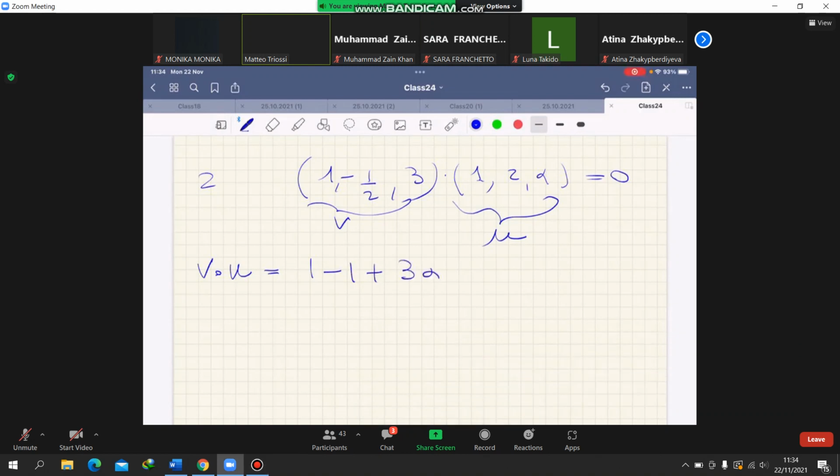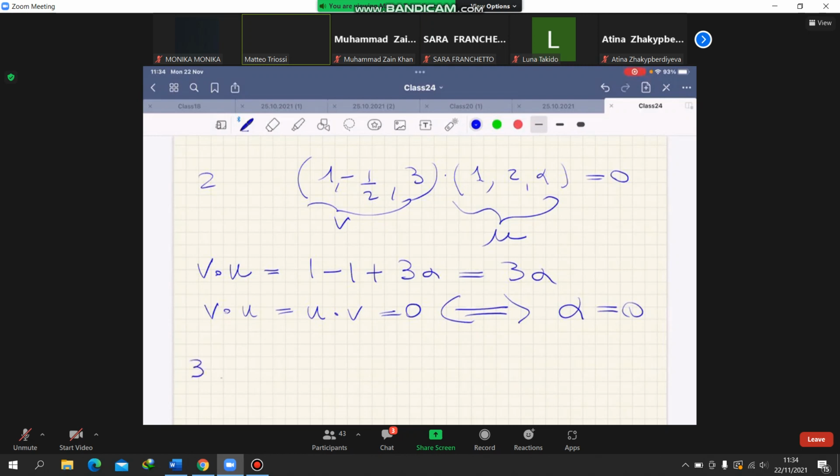3 alpha. So the scalar product of U and V is equal to 0 if and only if alpha is equal to 0.